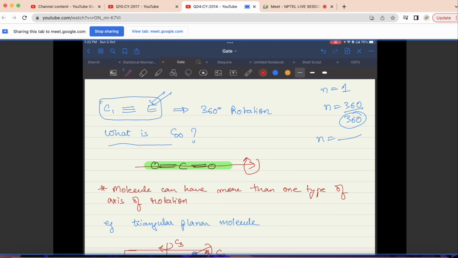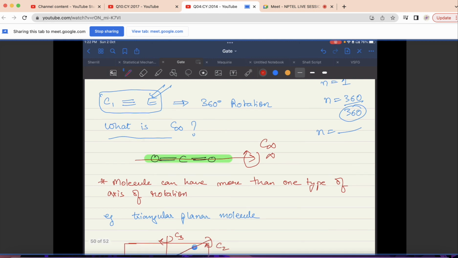So the order of the rotation, or the symmetry element C axis, has become infinite here. This will be denoted as C infinite, and this is a highly symmetric molecule.